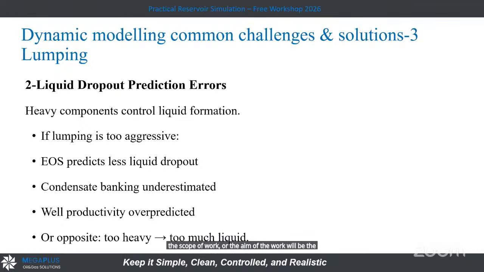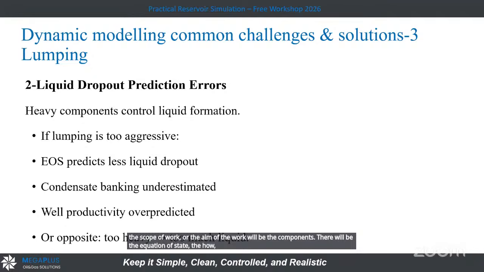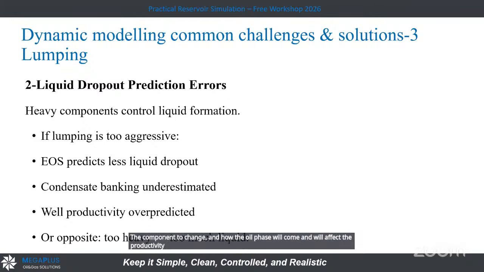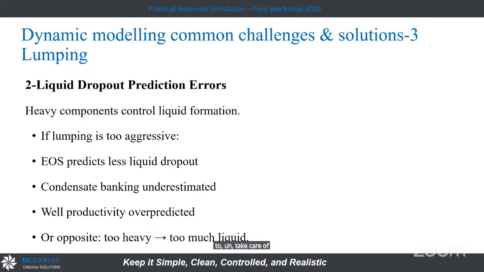There will be the equation of state, how the components change, and how the oil phase will come and affect the productivity of the well. So in gas condensate, I have to take care of the lumping process very well, to avoid any dropout prediction errors.